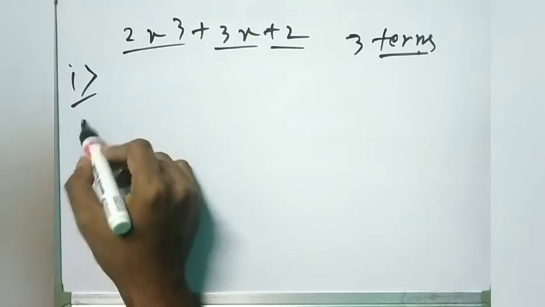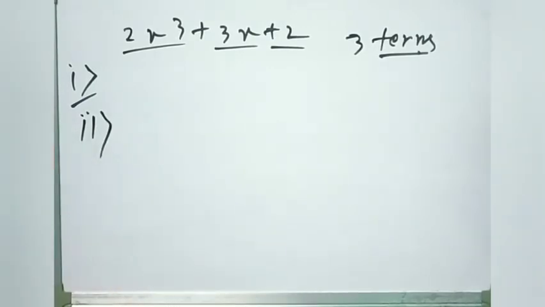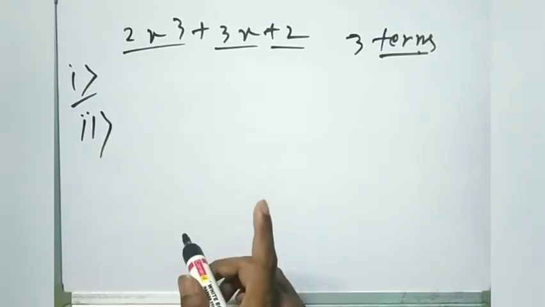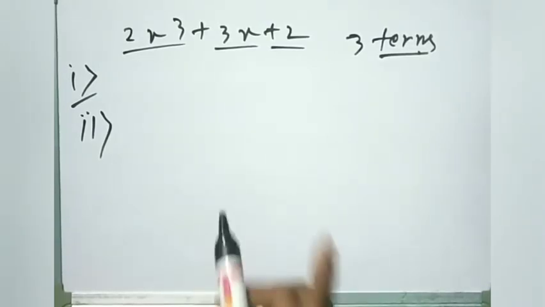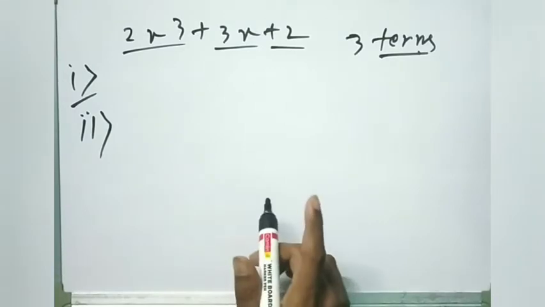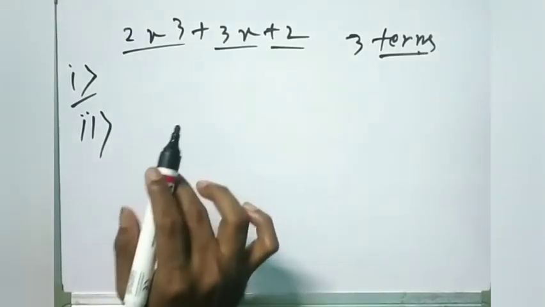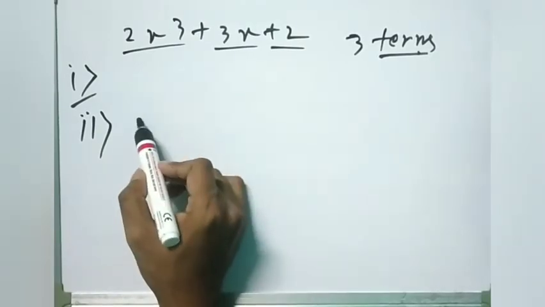Second, polynomials having one term are called monomials. Mono means one.